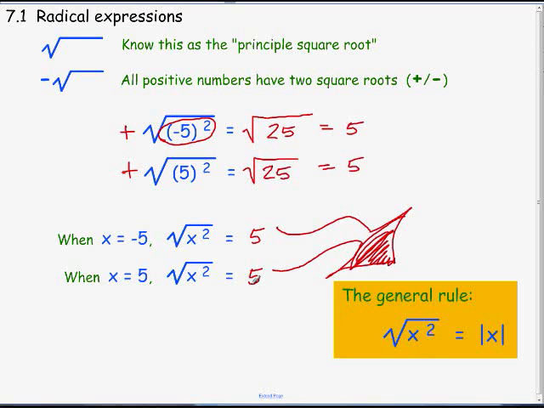In this case, it was 5. Whether you had a negative 5 or a positive 5, you got a positive 5 out. Why? Because when you square something negative, it becomes positive. So general rule, this is going to equal the absolute value of x.